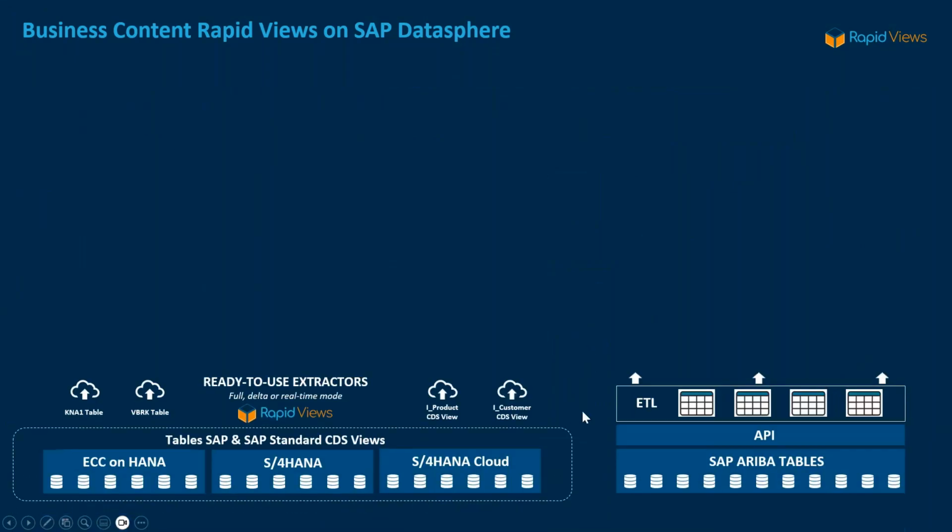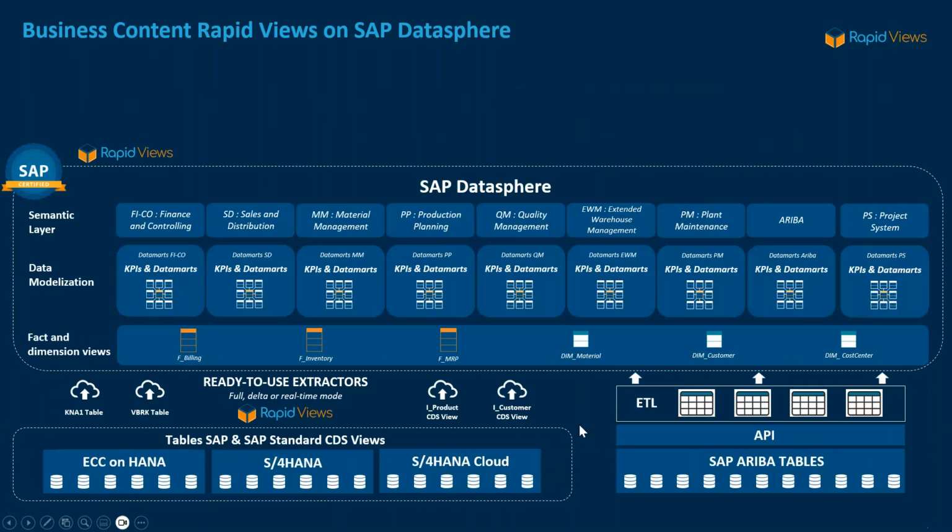On Datasphere, maybe Alexandre, you can explain the concept? So for Datasphere, you can have ECC or S4HANA as the source system. For ECC, we are going to replicate your SAP tables, like KNA1, VBRK.